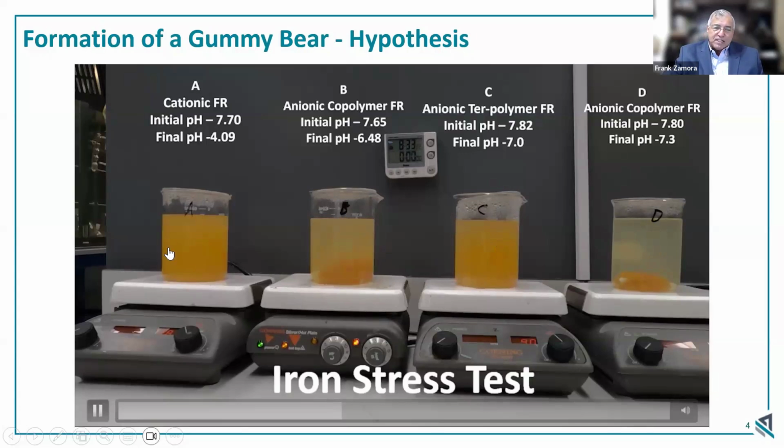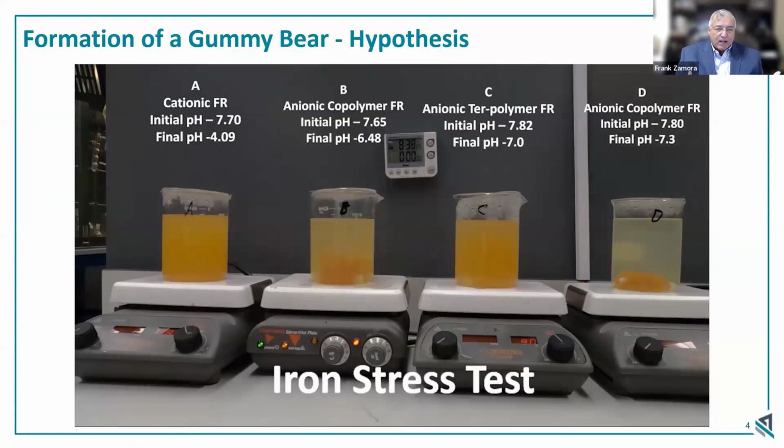Now, as I mentioned, this cationic, because it is a positively charged polymer, coming in contact with a positively charged ferric iron, is not really doing anything. It basically keeps all iron in suspension.